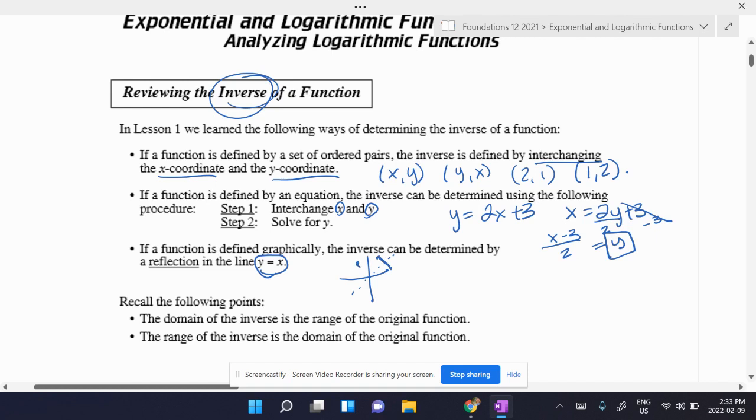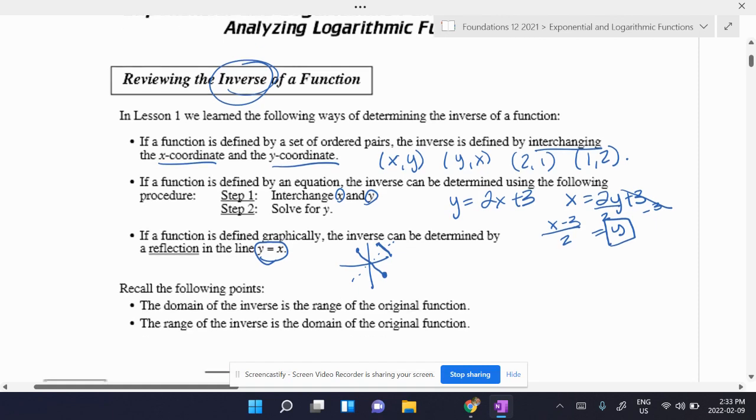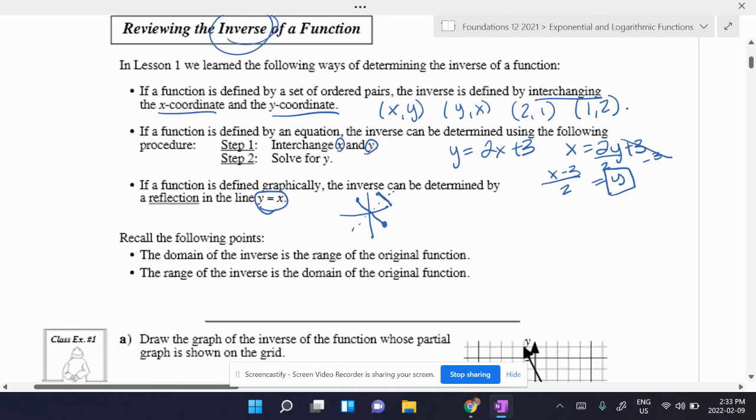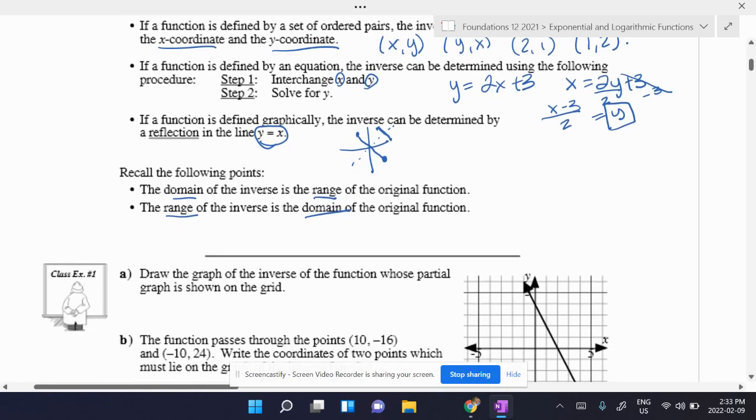If there's a point here, it would go over the line and it would be on the other side. The domain of the inverse is the range of the original, which makes sense. Your x's are your y's and your y's are your x's. So the domain becomes the range, and the range becomes the domain. If any time you need to go back and look at this, pause it, go back, rewatch, do whatever you need to do.